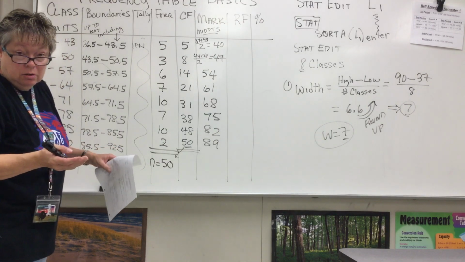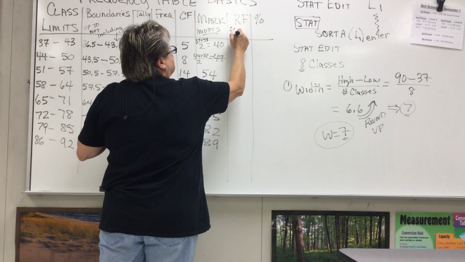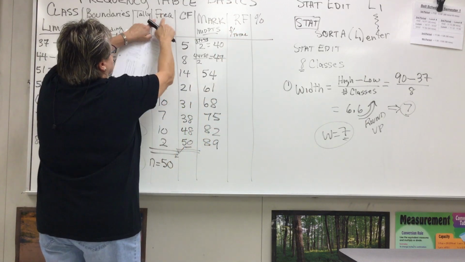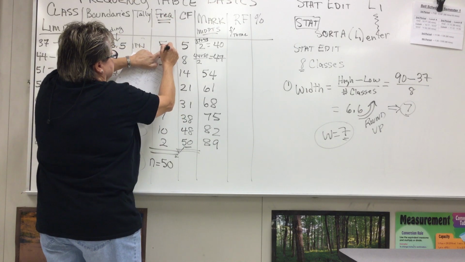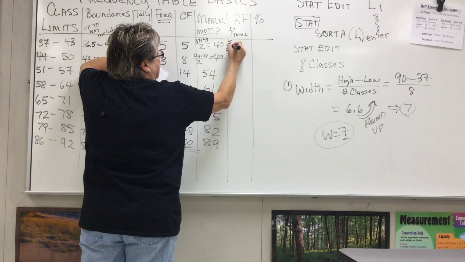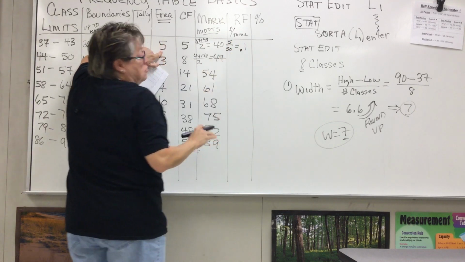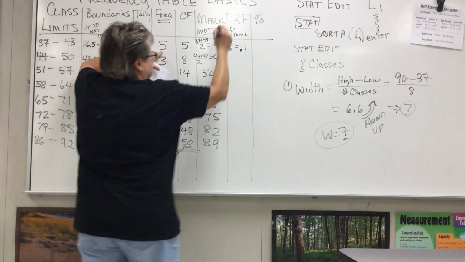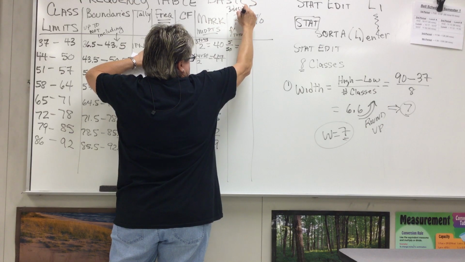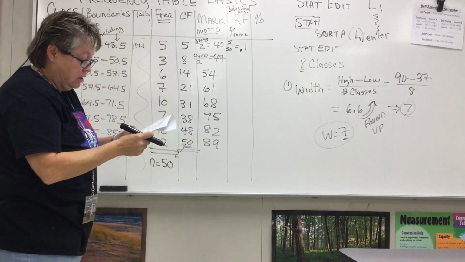Okay, then the final 2 columns. RF is relative frequency. You just take the individual frequency and divide by the total. In this case, I go to the frequency column, 5. The total data points in this problem is 50. So I'm going to do 5 divided by 50, which is 0.1. If there's any rounding to do, you'll do 3 decimal places. In this case, there's no rounding, so that's just what it is.